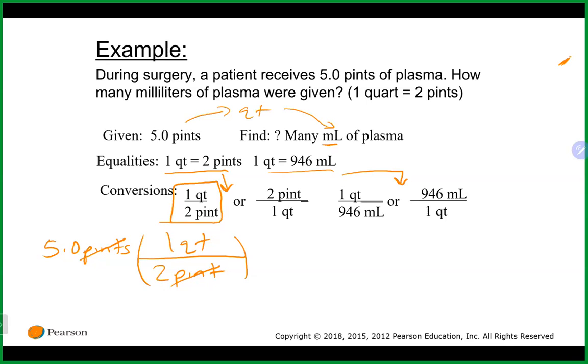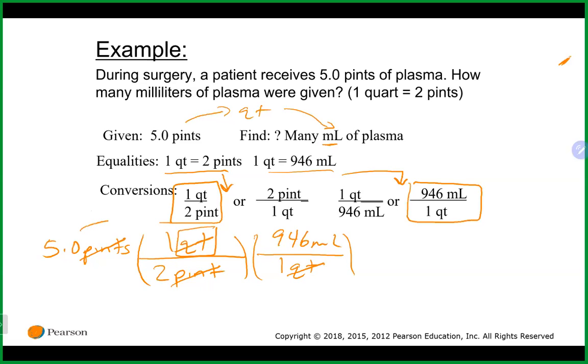So once again here, we can see that the quarts are still up on top. That makes our choice for conversion factor pretty simple. We're going to use the one where the quart is in the opposite location, which is on the bottom. And again, we're going to set it up that way so we can see it. 1 quart on the bottom, 946 milliliters up on top. Once again, the quarts will actually cancel each other out.